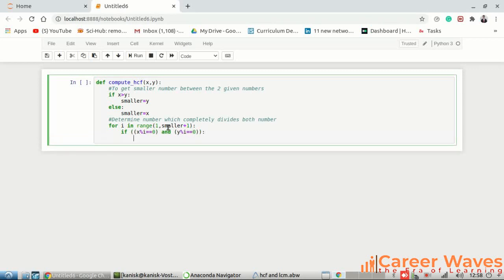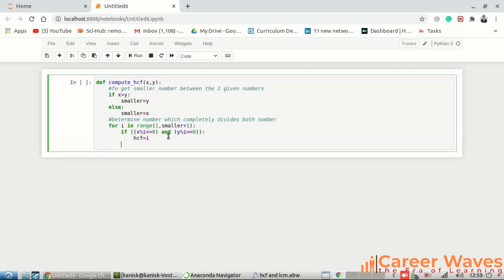Then our corresponding HCF will equal to i, because that number for ith iteration, I repeat, is capable of dividing both x and even y. So our HCF will be like this, and we will return HCF.